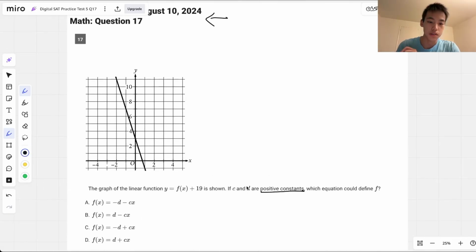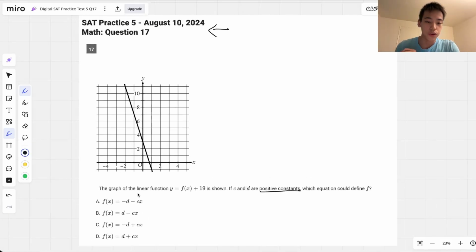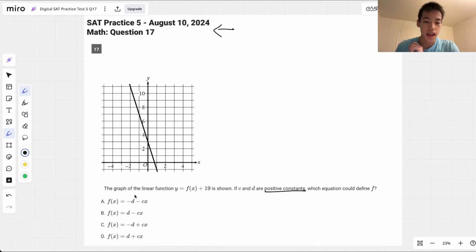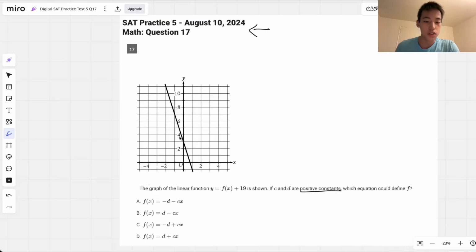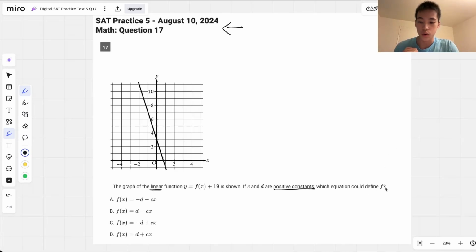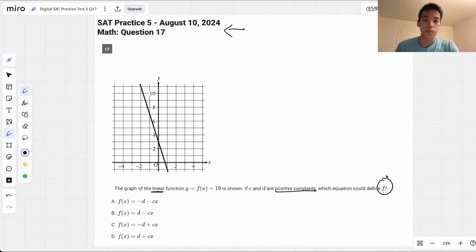I also noticed that the graph is shown to be a line, but most importantly, the question tells us that the function not only looks like a line, but it is a line, because a linear function exactly describes a line. And what we're trying to find is what form f could be. All of the answer options give us potentially valid solutions for f.